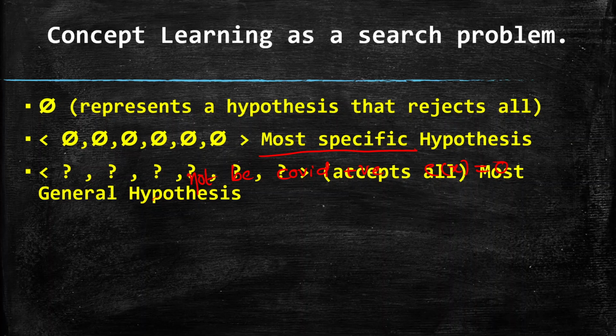On the other hand, there is a hypothesis with all question marks. That means it can accept any value, whether fever is present or not, whether cough is present or not, whether cold is present or not. Always he will be COVID positive. That means C of x is always 1. This is known as the most general hypothesis. In the coming sessions, we are going to see how to formulate a hypothesis and how to search this hypothesis space. Thank you.